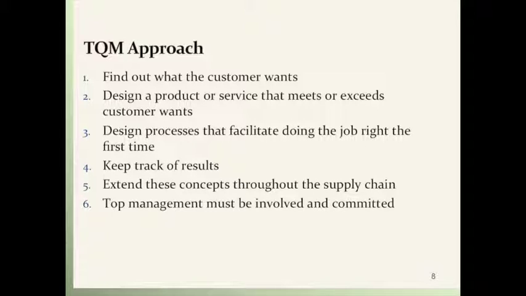So you start with yourself, and then you start working backwards, to your suppliers and your suppliers' suppliers, and you work forward to the people who are delivering it throughout the entire supply chain. And then the critical thing is top management must be involved and committed.